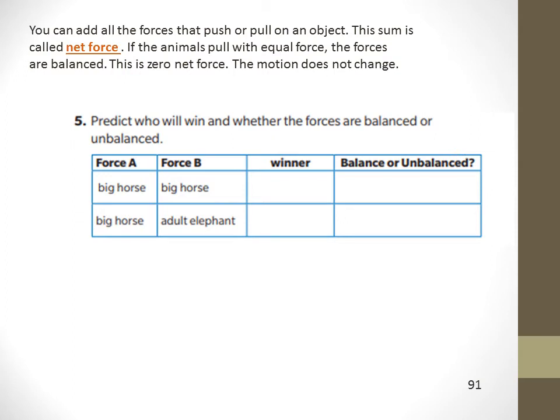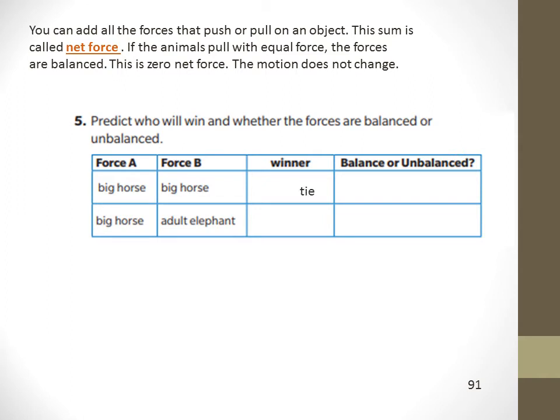Now please open your books on page 91 and let's solve question 5 together. Predict who will win and whether the forces are balanced or unbalanced. Force A, big horse. Force B, big horse. Who will win?